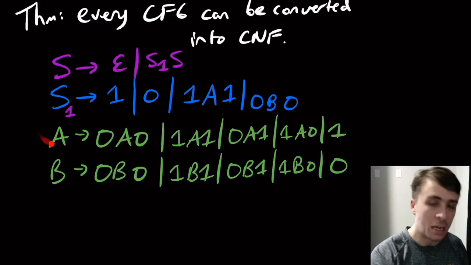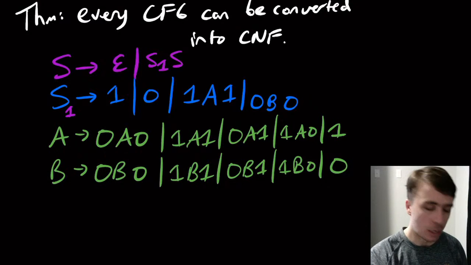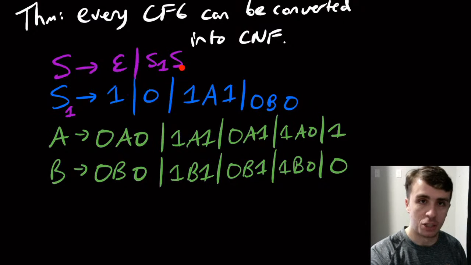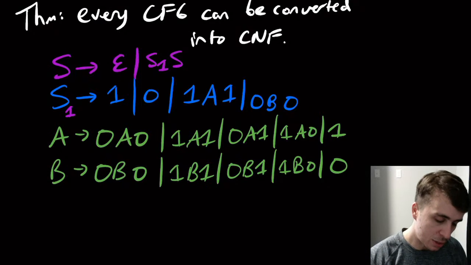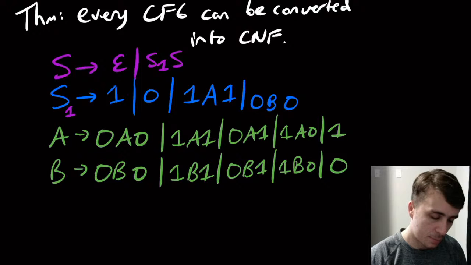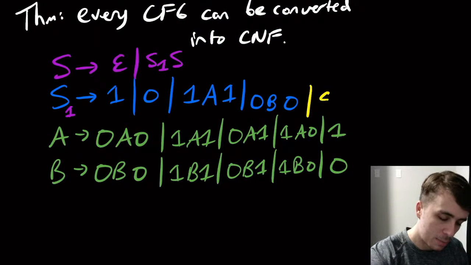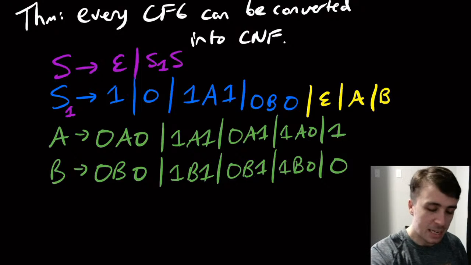Okay, so what are we going to do here? Well, this grammar is not in CNF. Why? Because we have mixes of variables and terminals here. We have the start variable appearing on the right-hand side of some rule, namely this one. And I think those are the only issues. Yeah, so maybe let's make this more interesting. I'm going to tack on these rules.